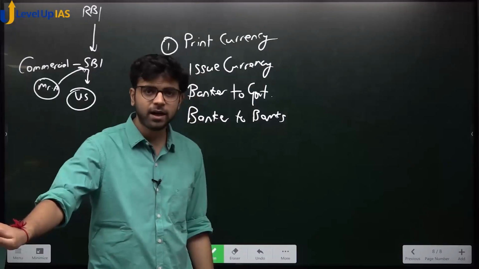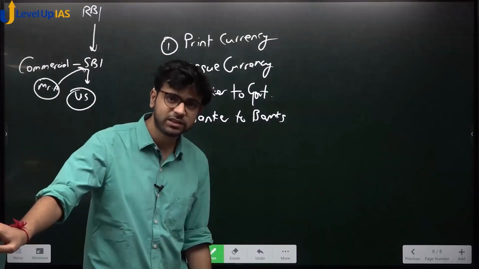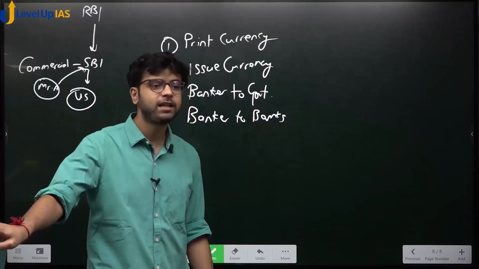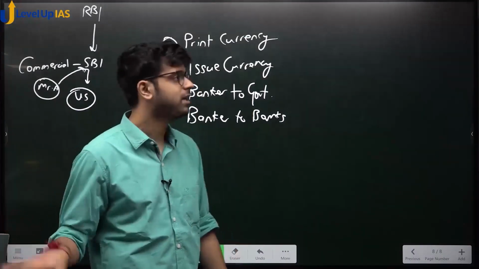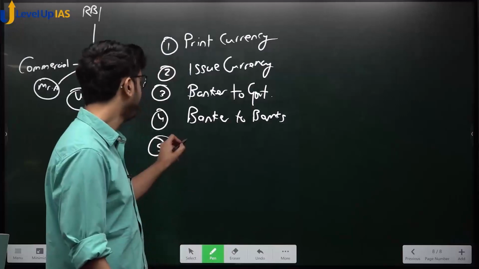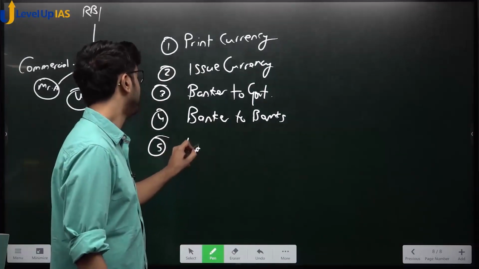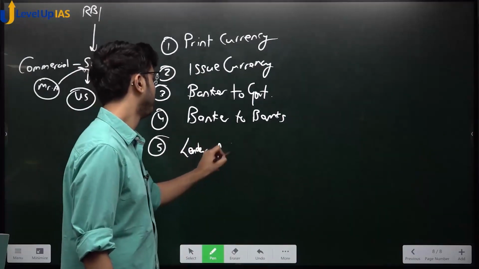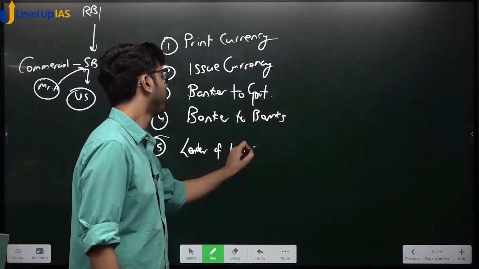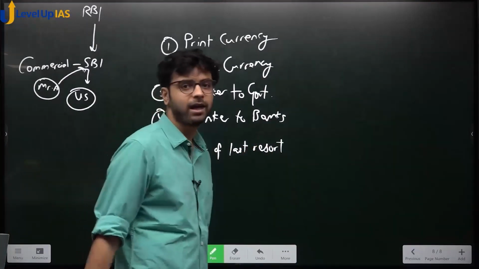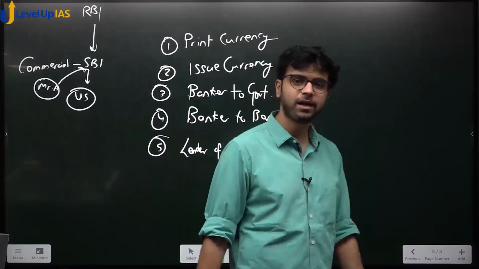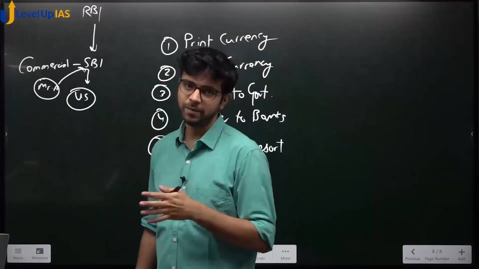Whenever they are in trouble, whenever they are in need of funds, whenever they don't find enough money in the economy, or they are saying we need money, sir, they call RBI. So RBI is also known as lender of last resort. What do we mean by lender of last resort? कि जब कोई नहीं काम कर रहा है, जब कोई मदद के लिए नहीं आ रहा है, तब एक ही मदद को आता है, which is RBI, right?